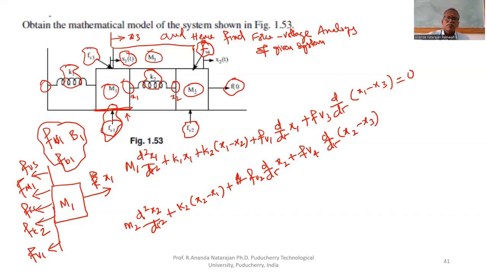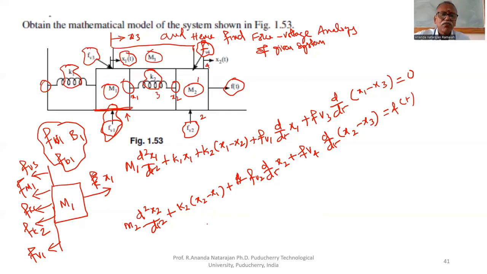How many forces? Because of m1, 2, 3, 4. That's all. 4 reaction forces. Applied force is f of t. That's all.